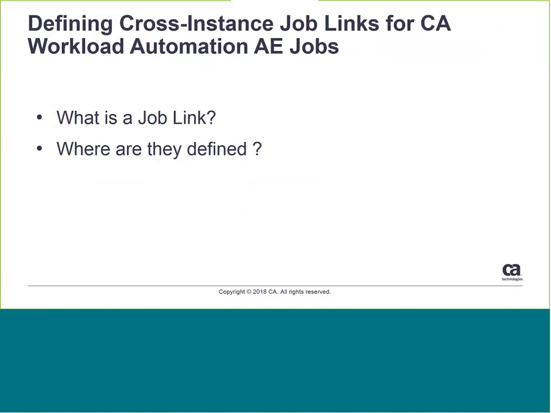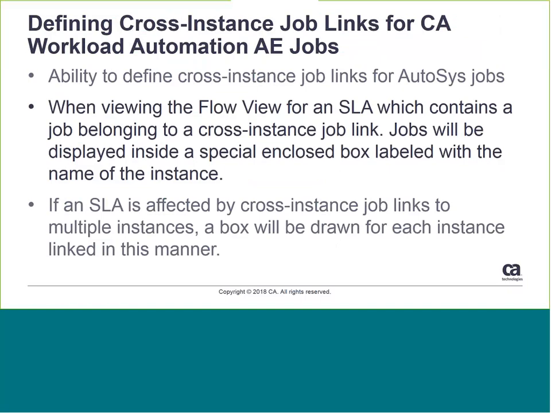So what is a job link and where are they defined? Okay. So basically the job link is defined in the admin tool, so you have to be an iDash admin to go and create it. Basically, you're creating a link between two jobs that from iDash's perspective don't have a dependency because they cross an instance.